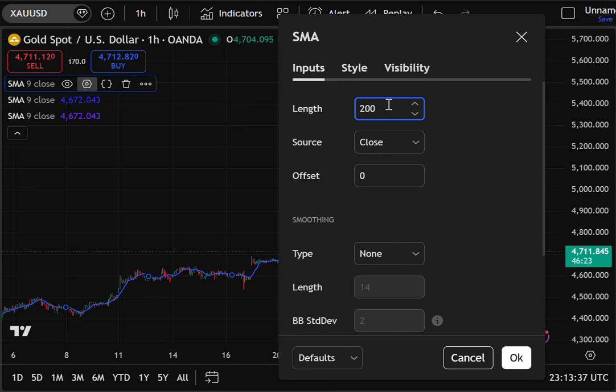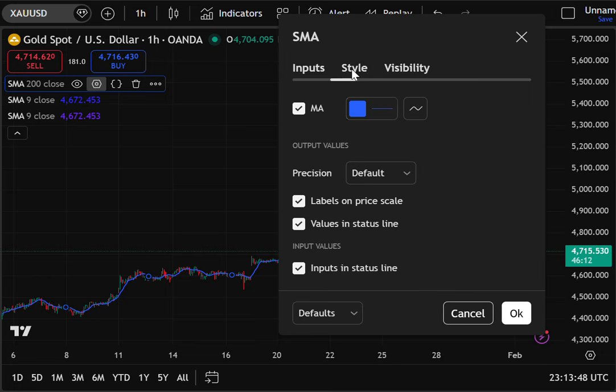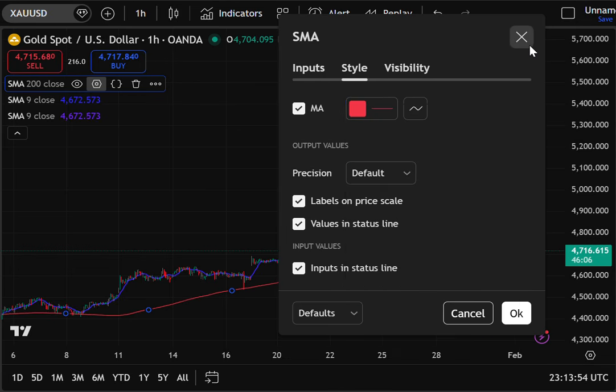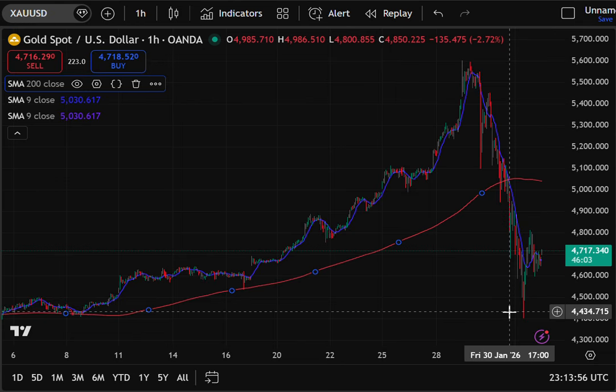We will create one with 200 length, one with 50 length, and one with 5 length. So this is the 200, and let's just choose a color, and we'll take red, for instance, and then you press OK.